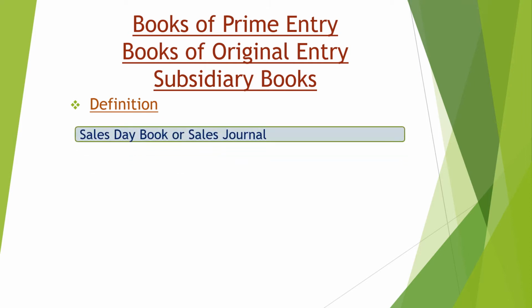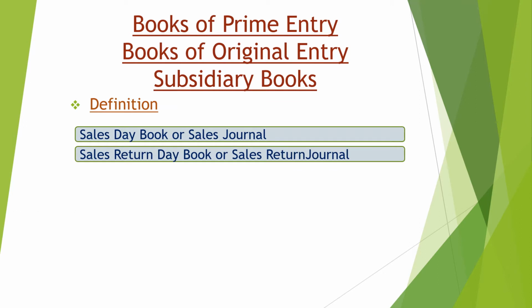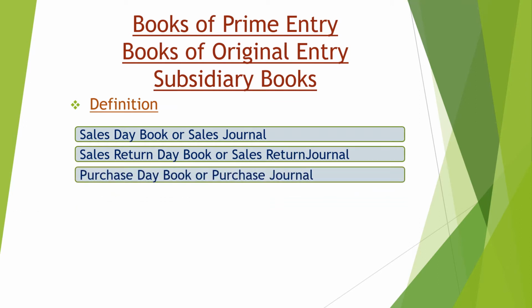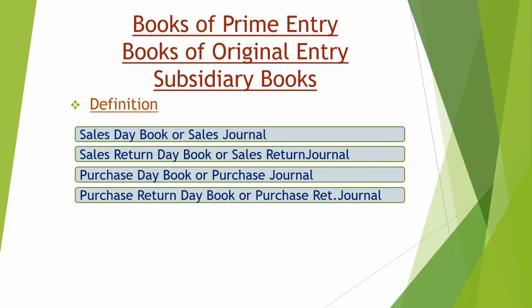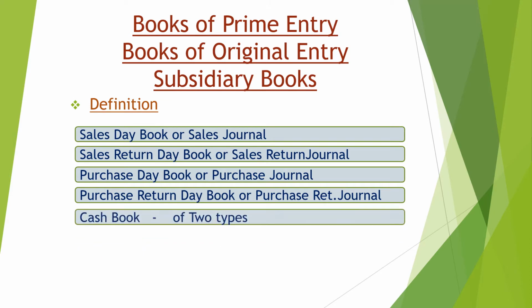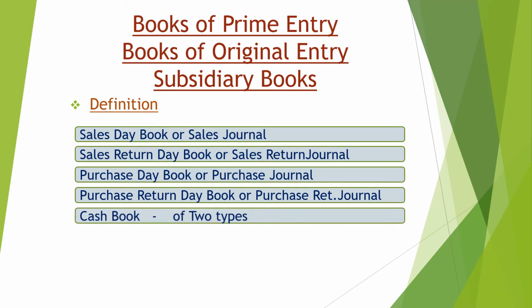Sales daybook or sales journal, sales return daybook or sales return journal, purchase daybook or purchase journal, purchase return daybook or purchase return journal. Cash book, which is of two types.